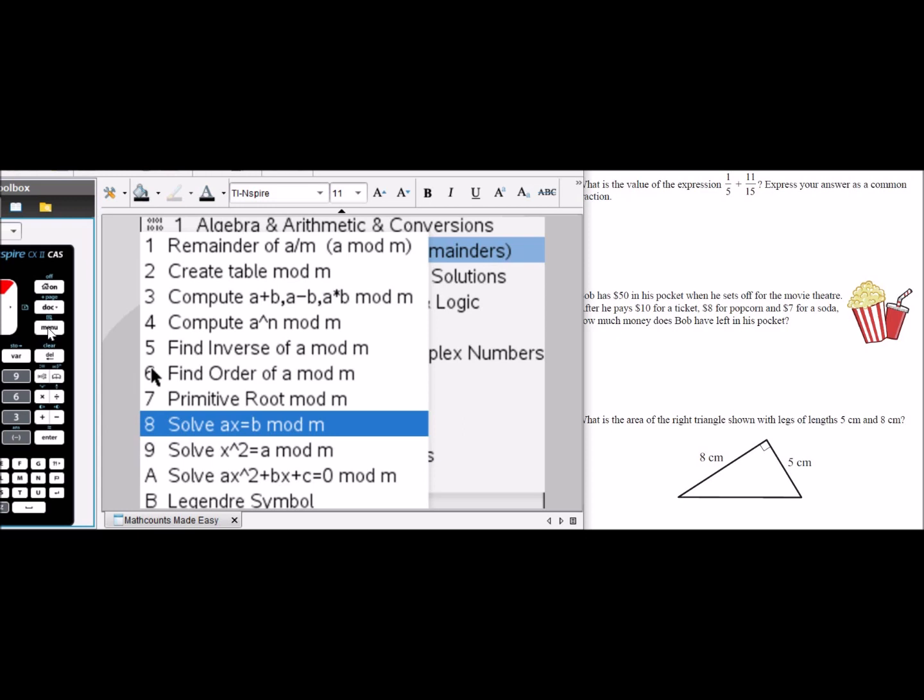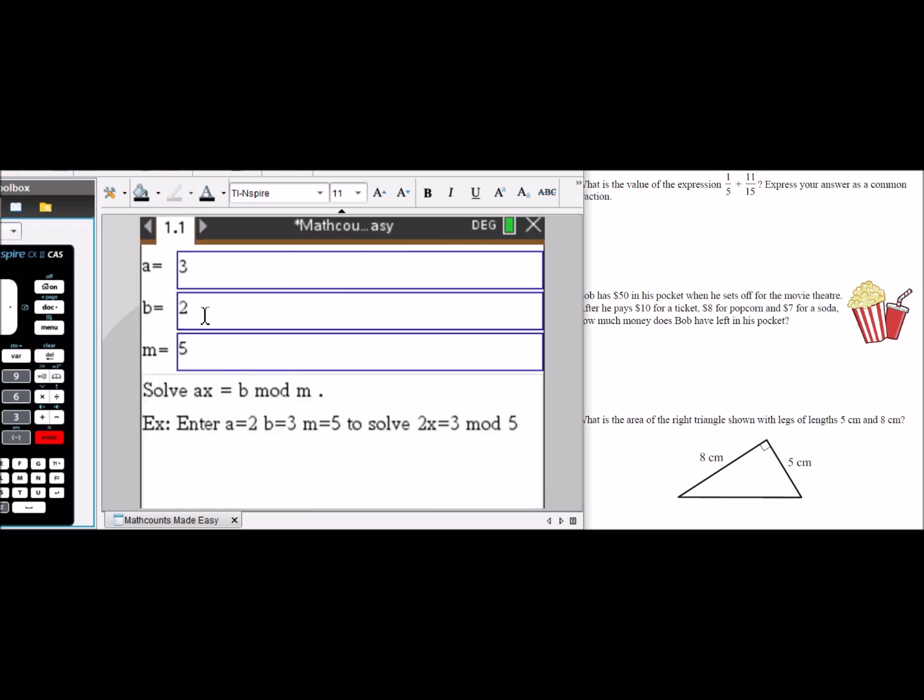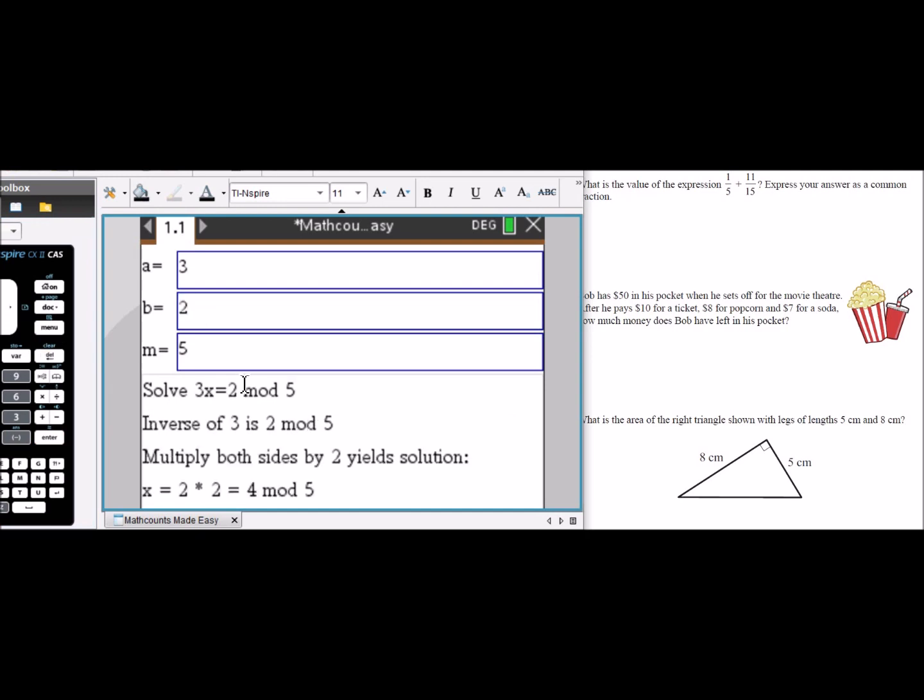Well, let's solve a mod problem, ax equals b, so you get a glimpse of what it can do. Say you are solving 3x is equal to 2 mod 5. You would have to multiply both sides by the inverse of 3, which is 2 mod 5, and that will cancel out the 3, and on the right side you're going to get 2 times 2, which is 4.